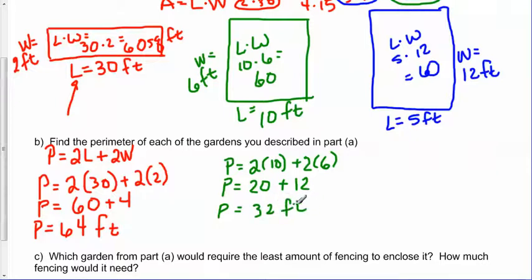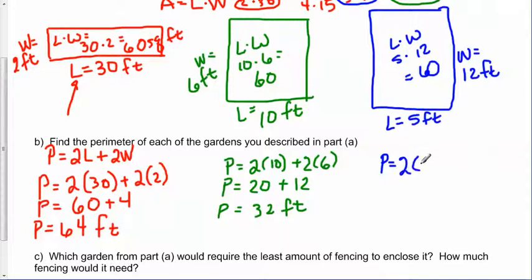And that seems a little bit curious, that the areas are exactly the same, but the perimeters are different. Let's take a look at this last one and see. And maybe at this point you could say, does it seem like the perimeter would be more than 32 or would it be less than 32 when we look at this last one? So let's see what we got here. Perimeter for this last one, 2 times the length.